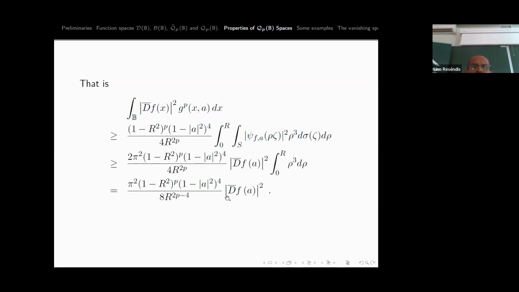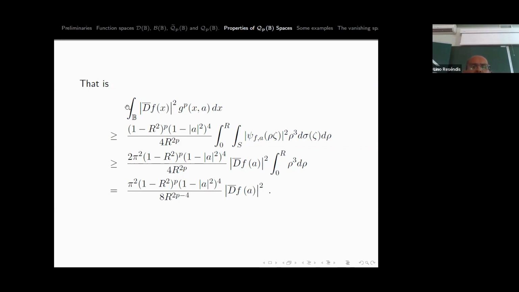Then we have this estimation, but as you can see here that is the modulus to the power 2 of the bar of f, and here is 1 minus modulus of a squared to the power 4, but it is the definition of the Bloch space.